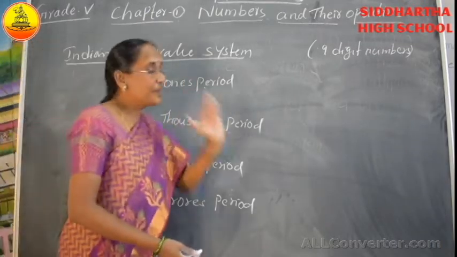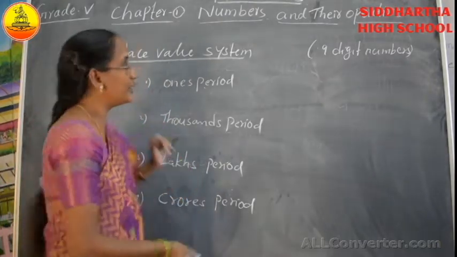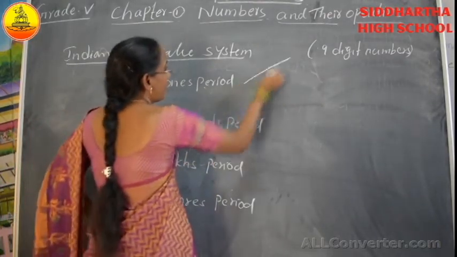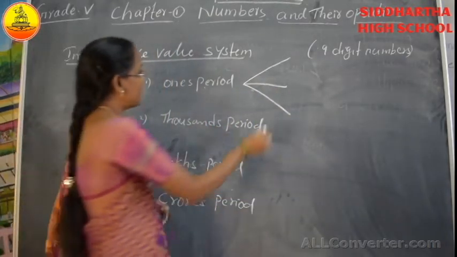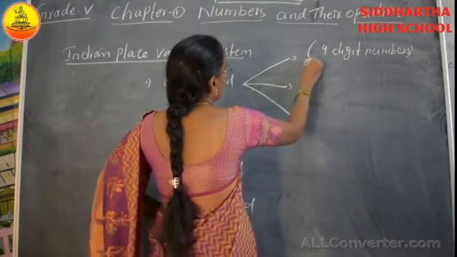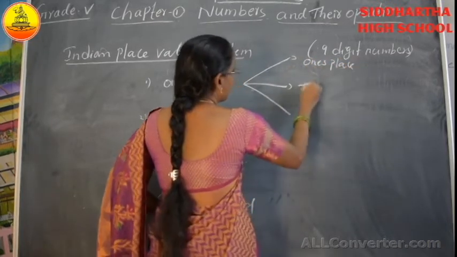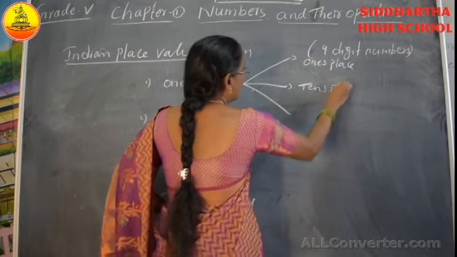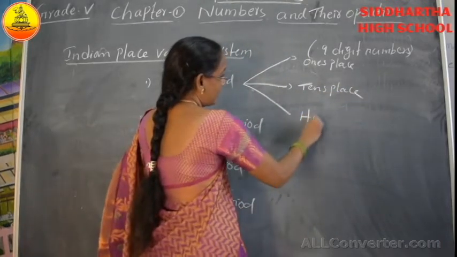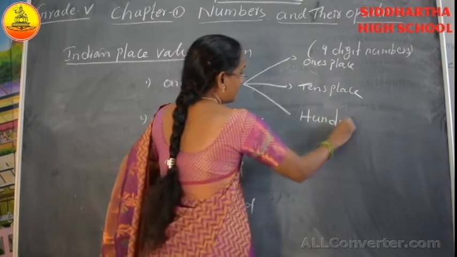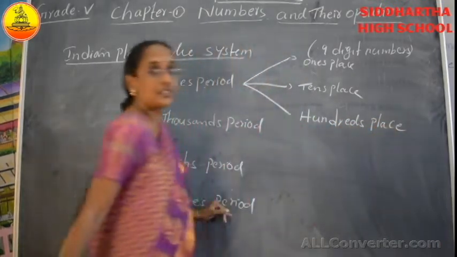Afterwards, each period is divided into some places. Ones period is divided into some places. What are those places? Ones place, tens place, hundreds place.